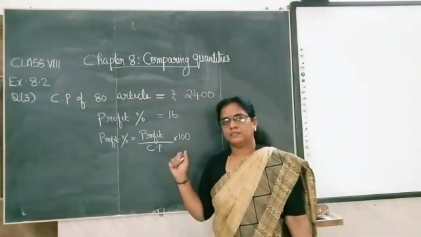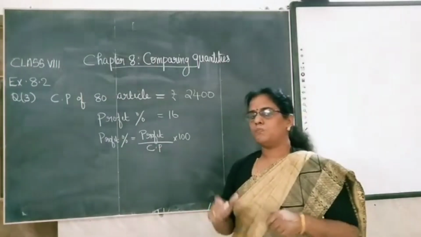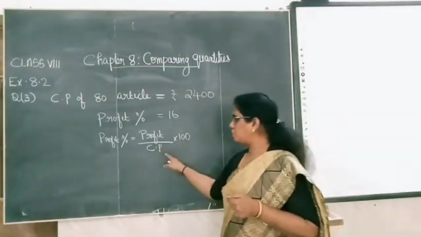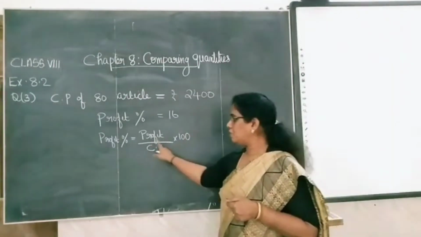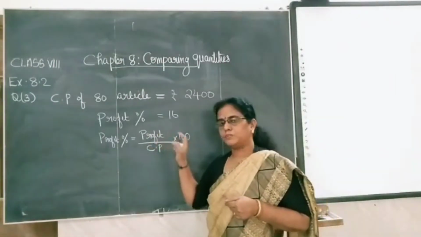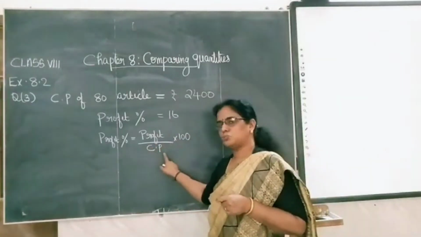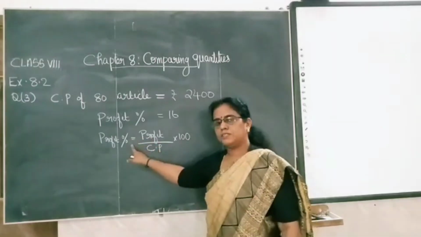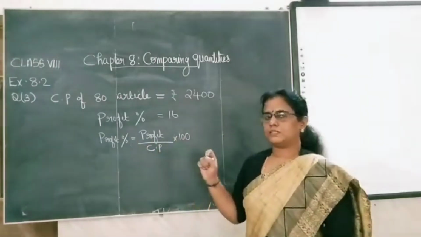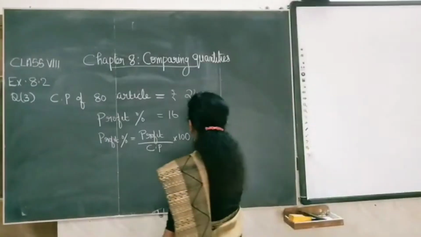Now we can apply that equation, that is profit percentage equal to profit by cost price multiplied by 100. Always remember, when you find profit percentage and loss percentage, the denominator is cost price. Denominator comes CP. So profit percentage is profit by cost price multiplied by 100.